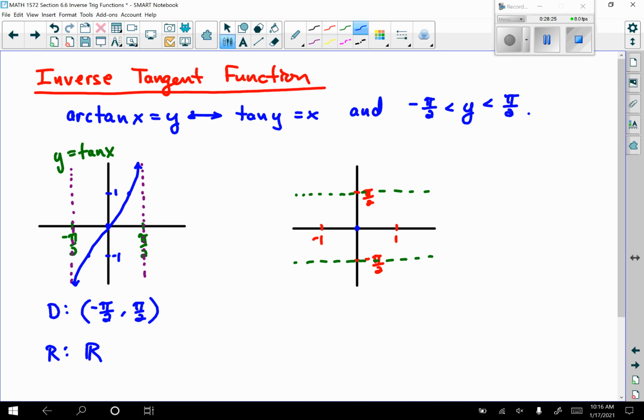Again, as we graph this, this is what it's going to look like. And you can see now the domain is all real numbers, and our range is from negative pi over 2 to pi over 2. And this is for y equals the inverse tangent or arc tangent function.